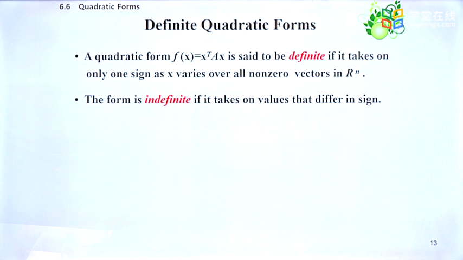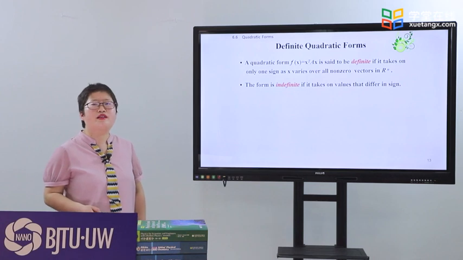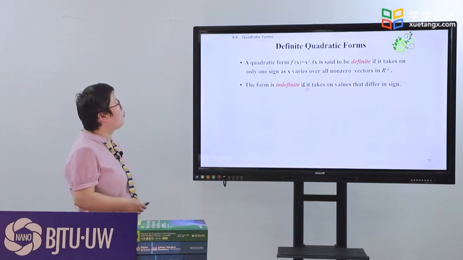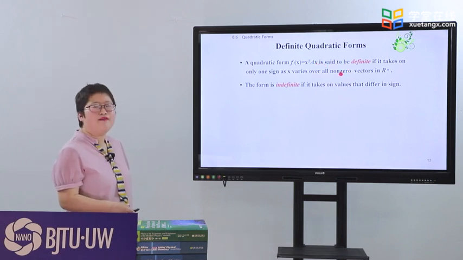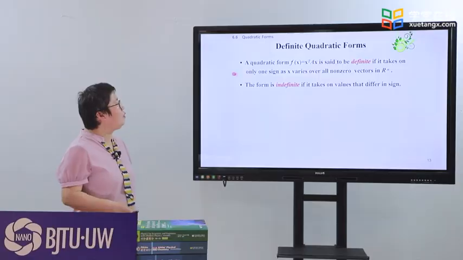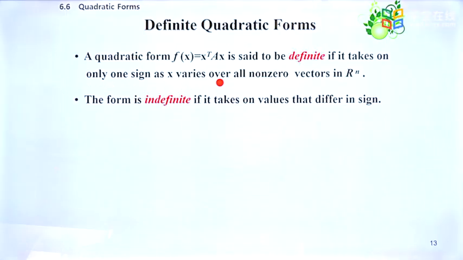Now, we consider definite quadratic forms. A quadratic form f(x) equals x transpose times A times x is said to be definite if it takes only one sign as x varies over all non-zero vectors in Rn. Okay, the form is indefinite if it takes values that differ in sign, can be positive, can be negative, for different x.